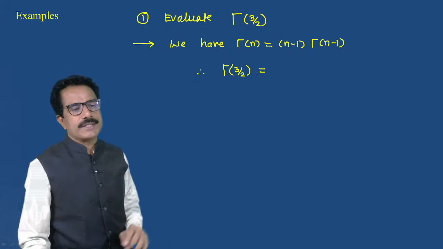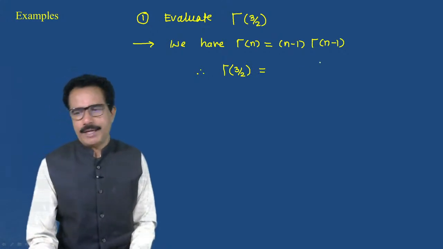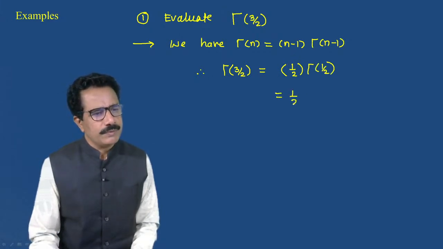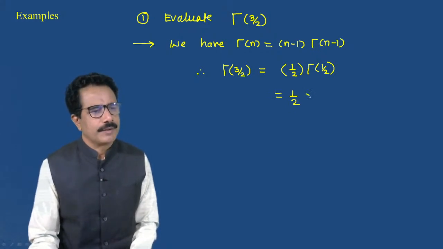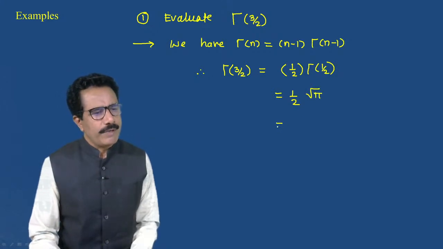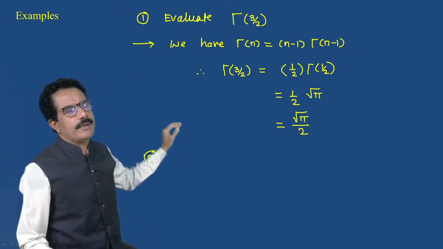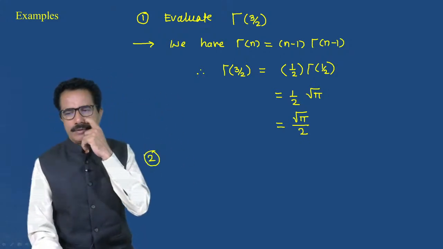The value of 3 by 2 minus 1 is 1 by 2. So it is 1 by 2 gamma of 1 by 2, and gamma 1 by 2 is root pi. So the value is root pi by 2. This is the first problem, evaluate gamma of 3 by 2.